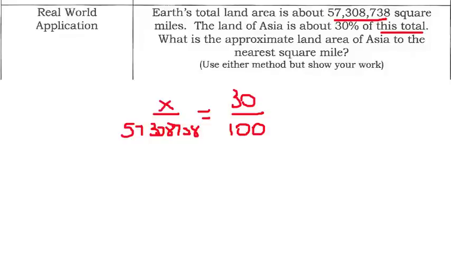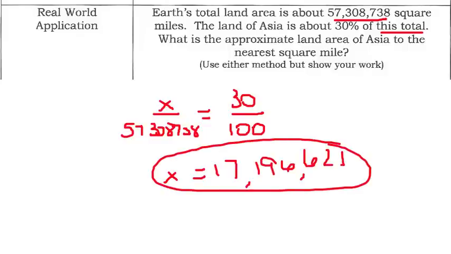And so you're trying to find out what 30% of this number is. So you cross multiply, and then you divide by 100, and so x is equal to 17,196,621, and that is your answer.